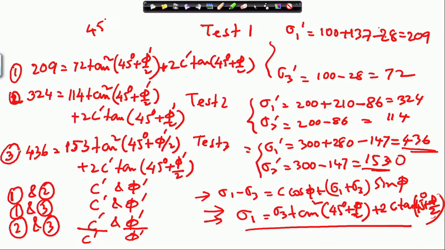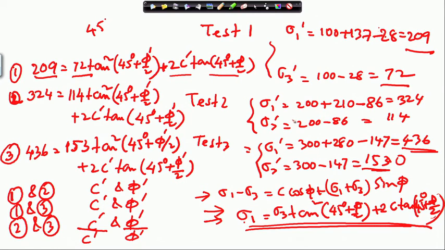How have I got these equations? I have already shown sigma 1 and sigma 3 from test 1. What is the relationship between sigma 1 and sigma 3? This is the one. Using that, the value of sigma 1 is 209, and sigma 3 is 72, so sigma 3 tan square 45 degrees plus phi by 2 plus 2 c tan this.